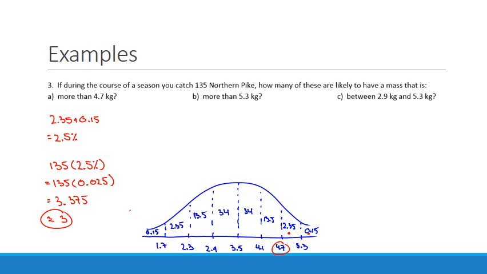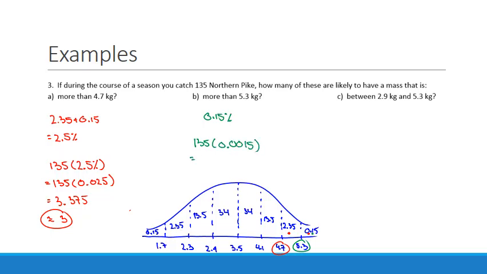Okay, so let's keep moving here. Let's pick a new color, green. If I catch 135, how many should be more than 5.3? Well, 5.3 is right here, so it's really just the 0.15%. So I'd go 135 times, and this is less than a percent, so I have to go 0.0015.